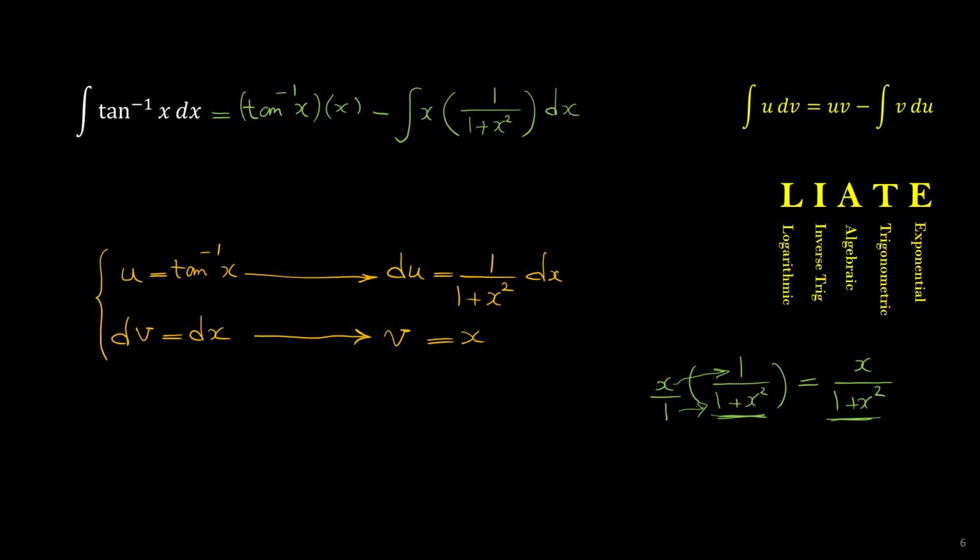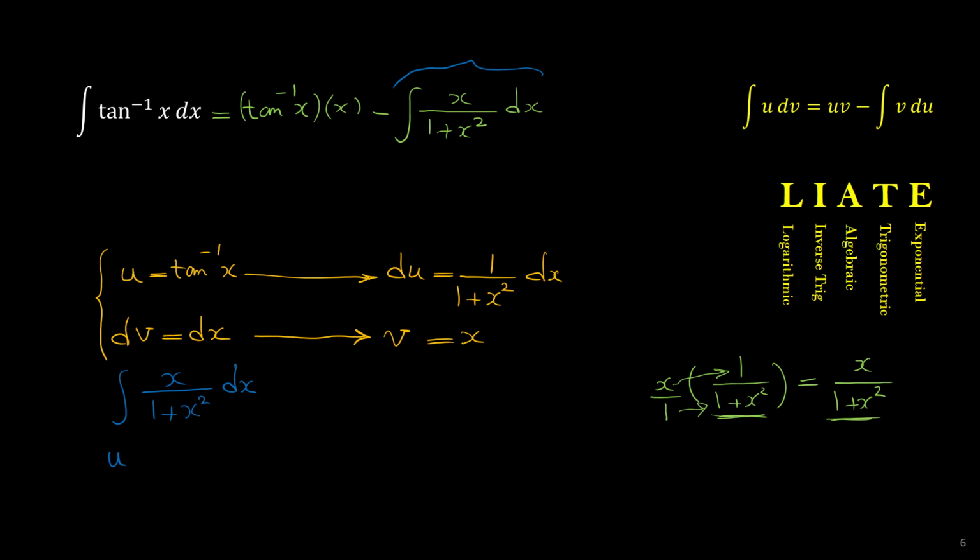So here, instead of writing x times 1 over 1 plus x squared dx, we can put x over 1 plus x squared dx. Now for finding this new integral of x over 1 plus x squared dx, we need to do a simple u substitution.